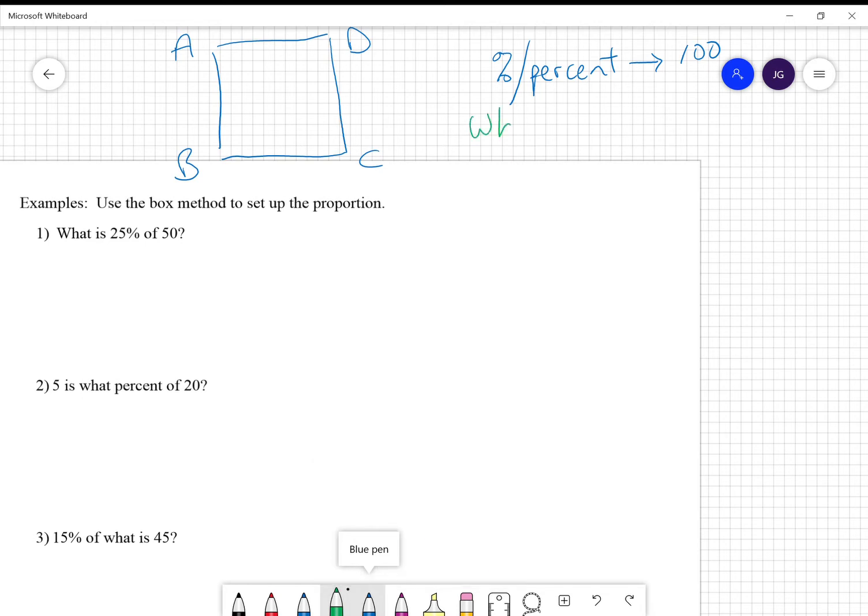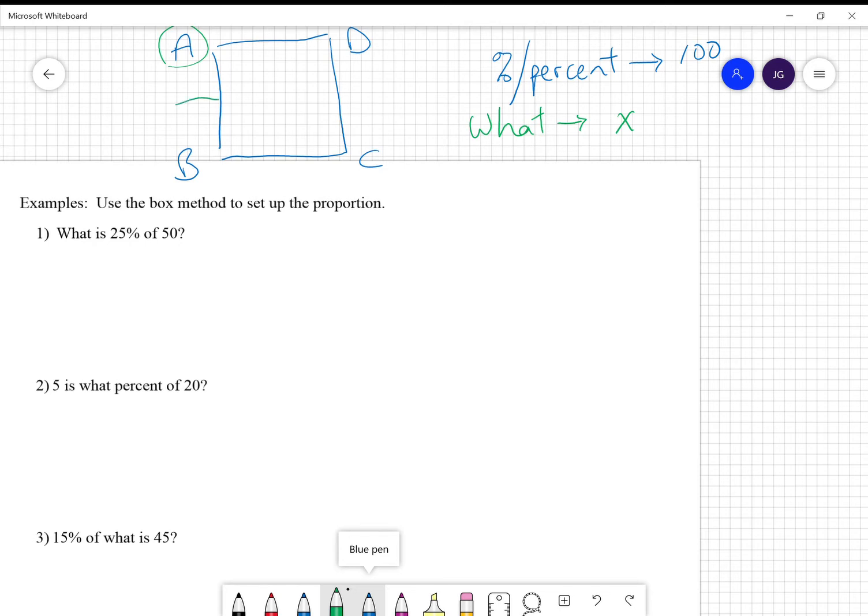What is substituted with your variable. And you basically start at A and you just fill in the blanks. Whatever you see first goes in A, and then B, C, D, and then you use cross multiplication.